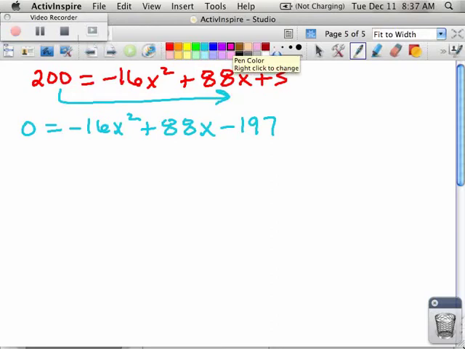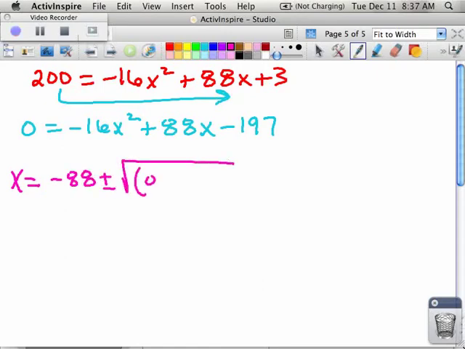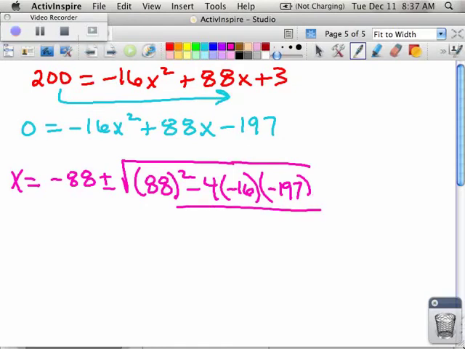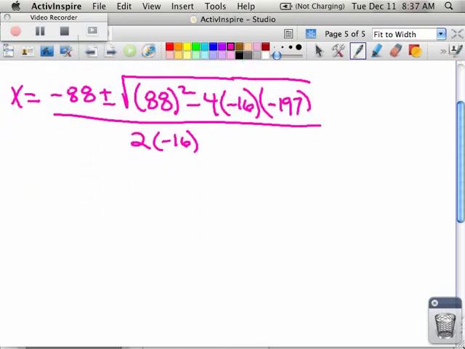And as I set up my quadratic formula, I will have x equals the opposite of the b, plus or minus the square root of the b squared, minus 4 times the a times the c. All of that over 2 times my a. And I know this looks ridiculous, but have no fear, something really cool happens.